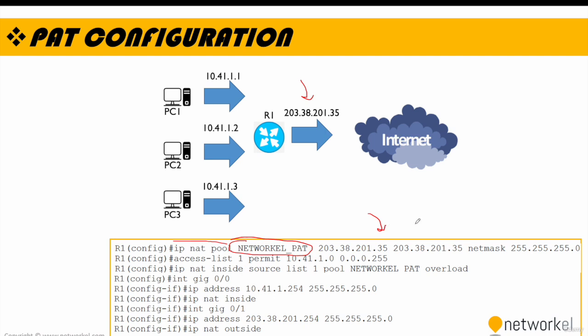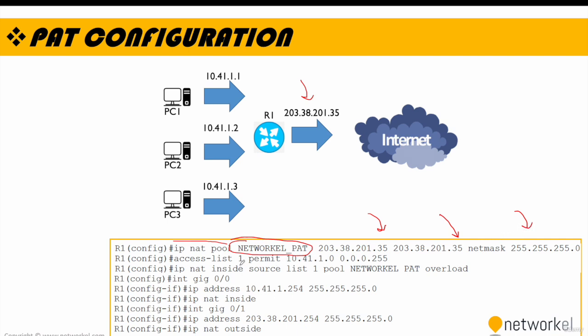In this case, I'm putting the same IP addresses because I will use a single public IP address only. You might define a few also, just keep that in mind, but most of the time it will be just a single IP address followed by a netmask, the subnet mask.